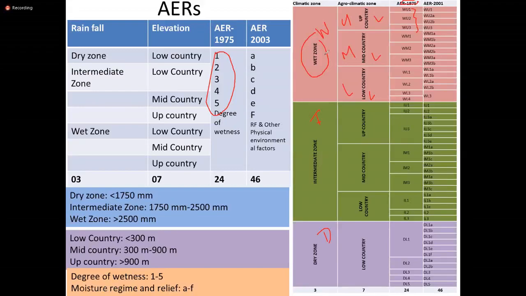From the W notation only, you can see only one characteristic. If you go to the wet zone up country, you can say the up country means the area which falls more than 900 meters, with more than 2,500 millimeters rainfall. So based on the WU notation, you can have two characteristics. Now, based on the 1, 2, 3, you can also elaborate your agroecological regions because of the notation.